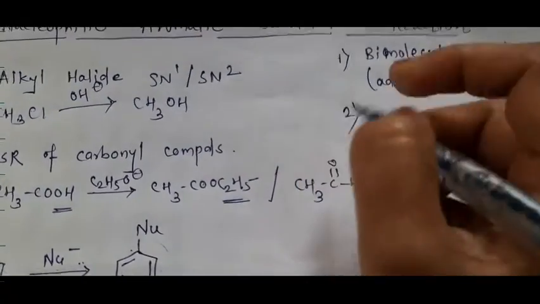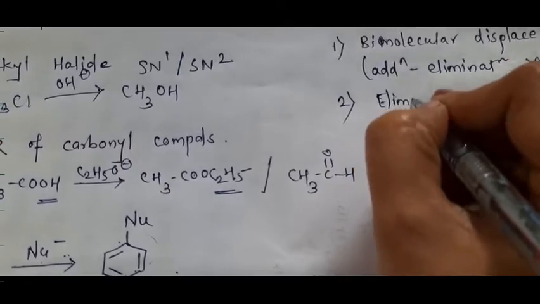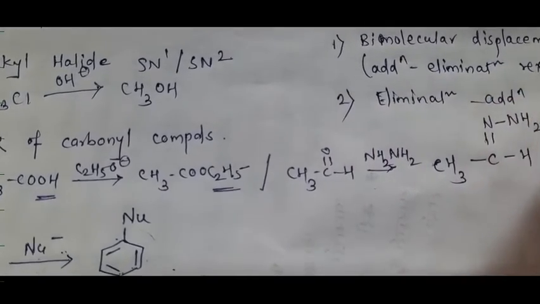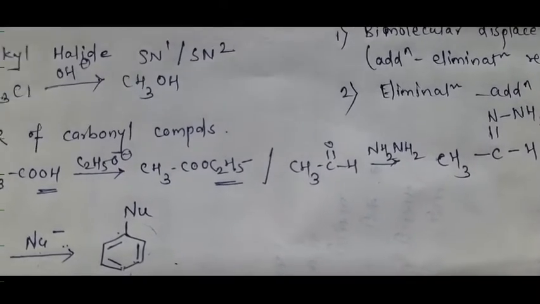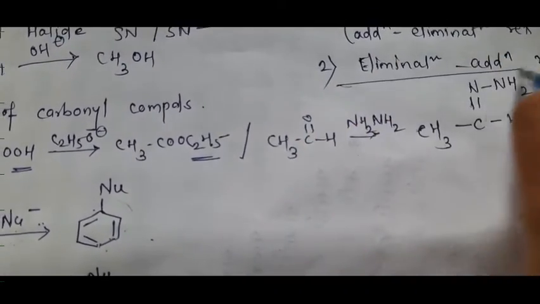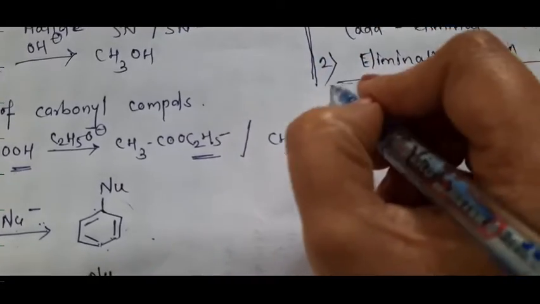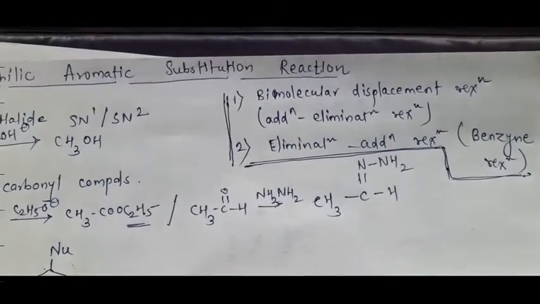And the second type of reaction which we are going to see is known as the elimination addition reaction, which is also called the benzyne reaction. We'll go into the details of all this. What we are going to focus on is especially these two kinds of reactions under the heading of your NAS R.